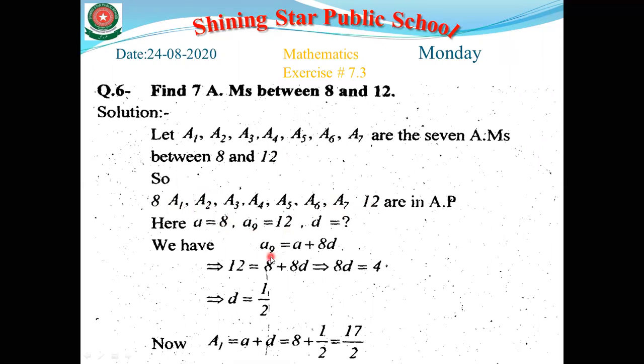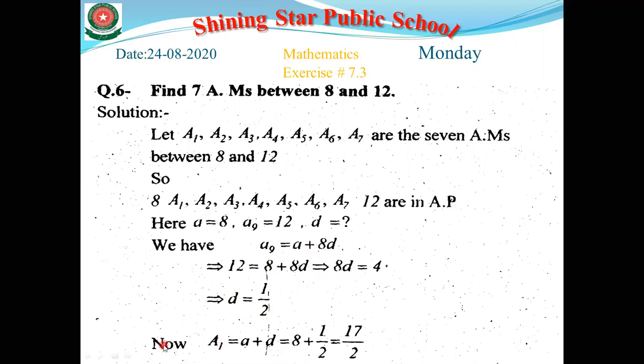According to the formula, A9 is equal to A plus 8D. So A9 is 12, equal to A, which is 8, plus 8D, and 12 minus 8 is 4. So 8D equal to 4. Now D is equal to 1 over 2.